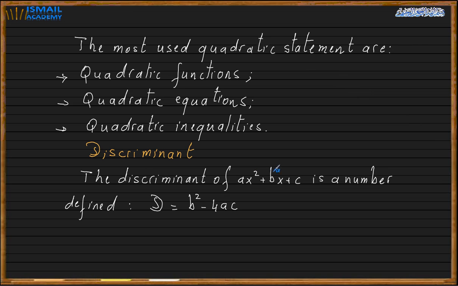So I take the coefficient of x, square it, minus 4 times the coefficient of x squared times c, which is the constant.